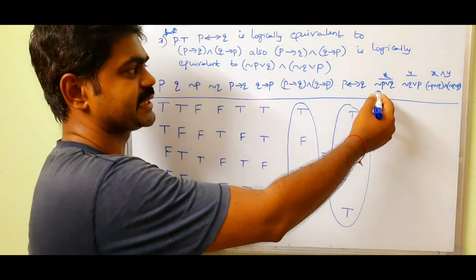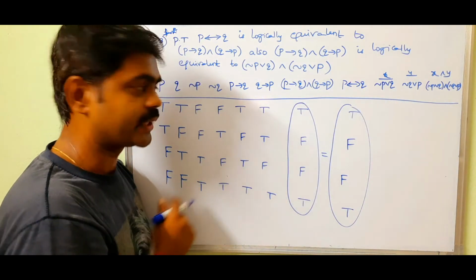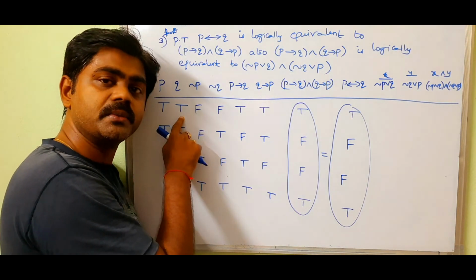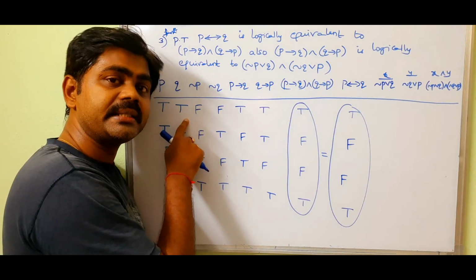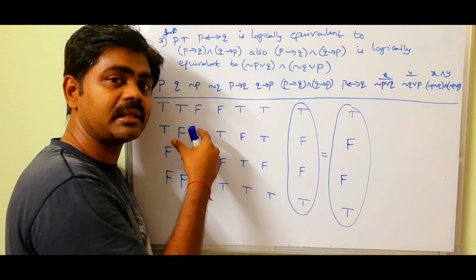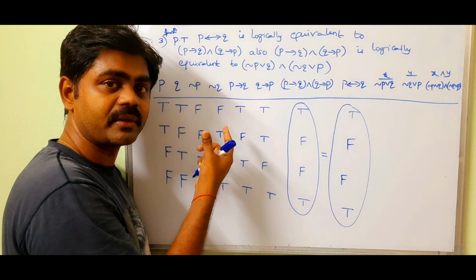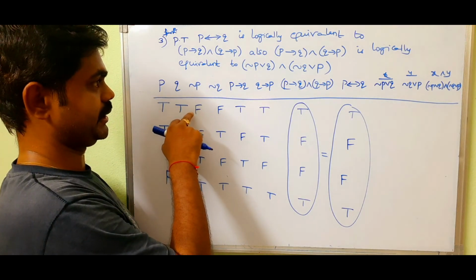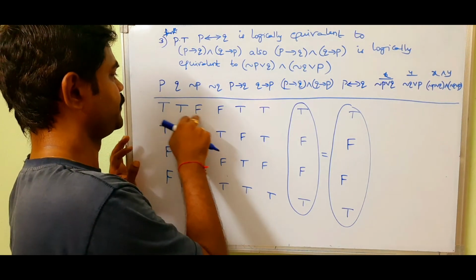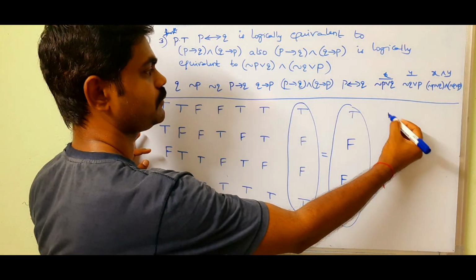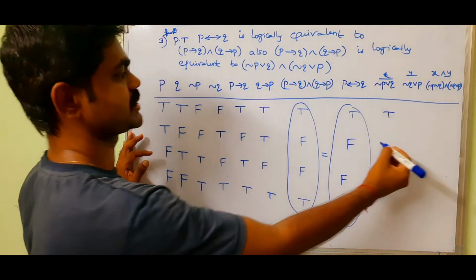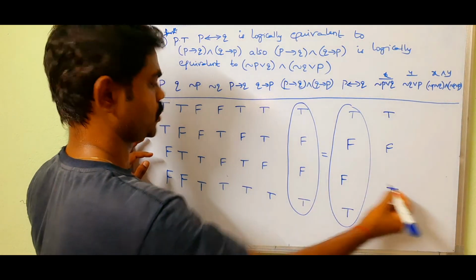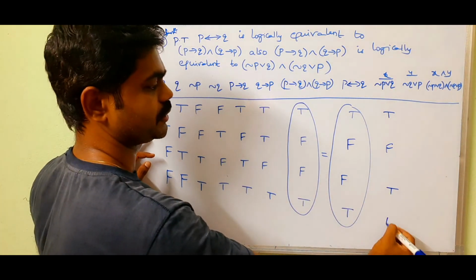So x is negation P or Q. Here I have negation P and here I have Q. So what is or? If either one is true, then the answer will be true. If both are false, it will be false. So negation P or Q: true, false, true; false, false, false; true, true, true; false, true, true.